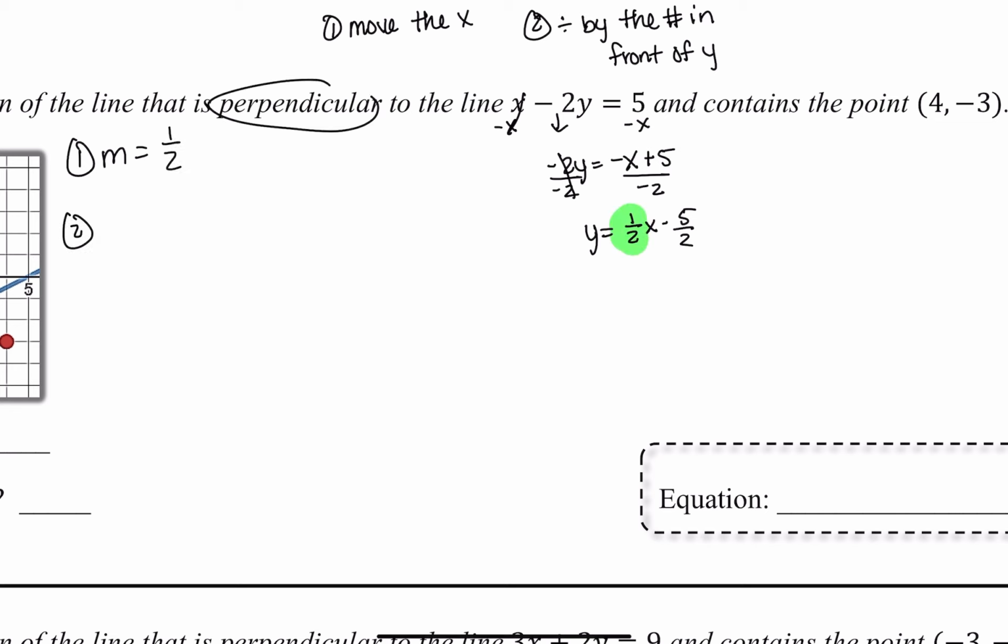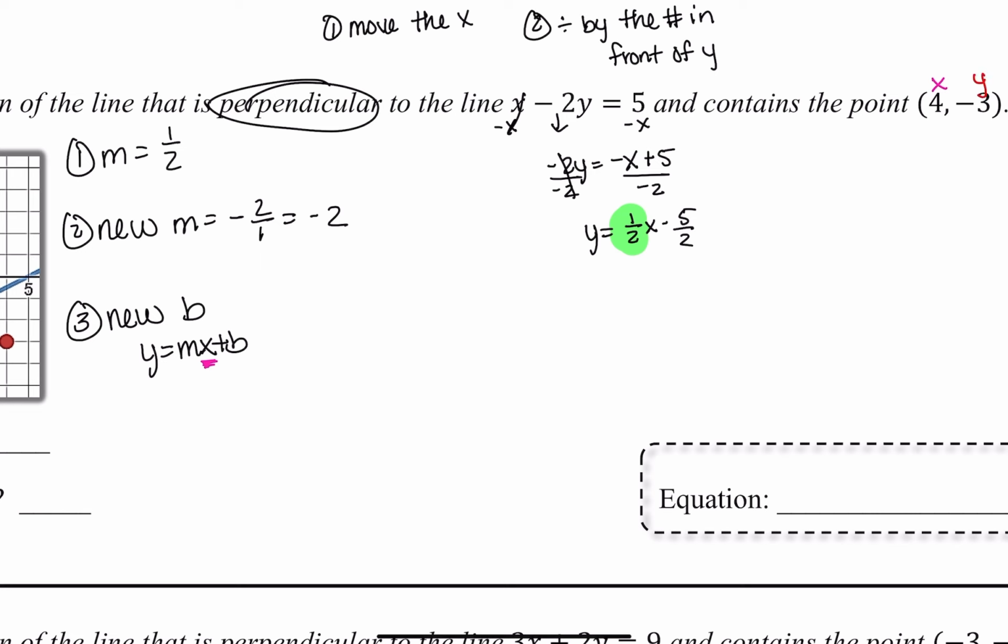Step 2, because it says perpendicular, we're going to write our new m. Opposite sign is negative, and then it becomes 2 over 1, which is just negative 2. Step 3 is we're going to look for a new b. We're going to use y equals mx plus b. My x is going to be 4, which comes here, and my y is going to be negative 3, which comes here.